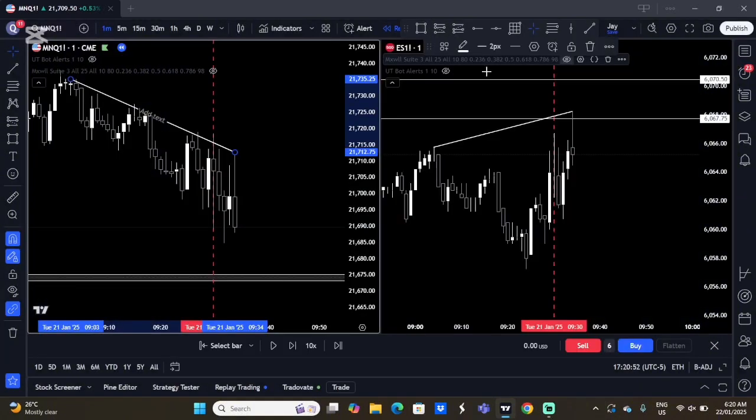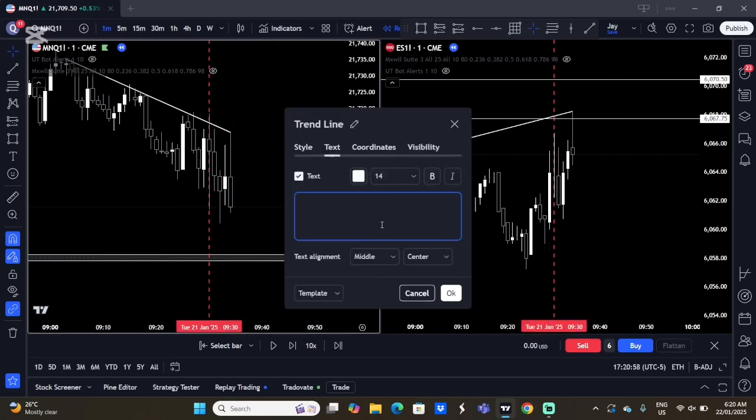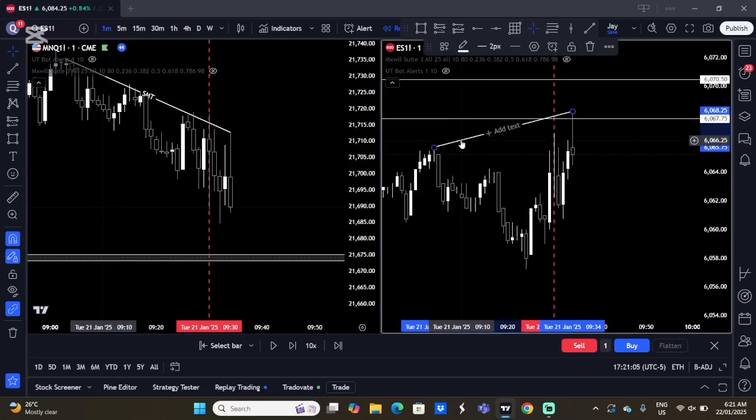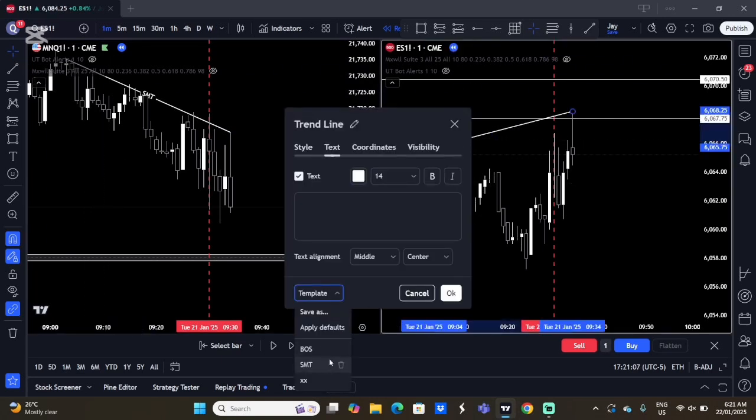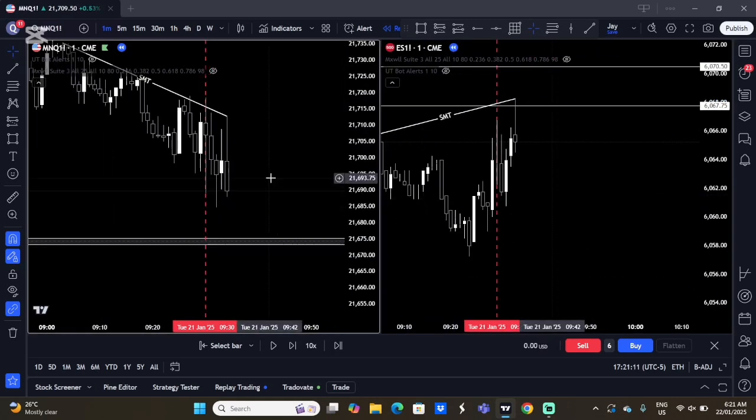Fuck's sake. Okay, my computer's been slow as shit. Forget about it, but this is the SMT. Sweet. Now it wants to work. Okay. That's our SMT on the 1 minute time frame.